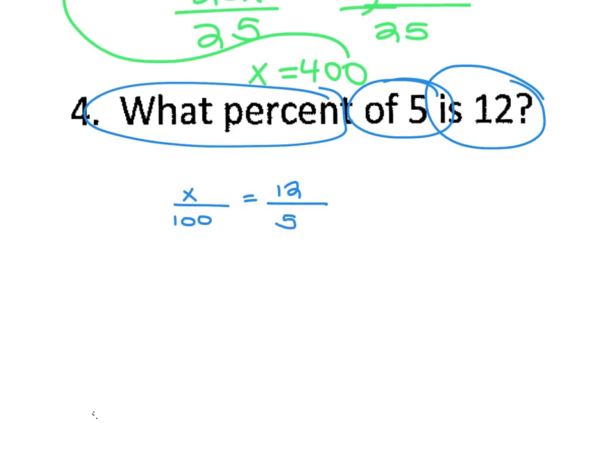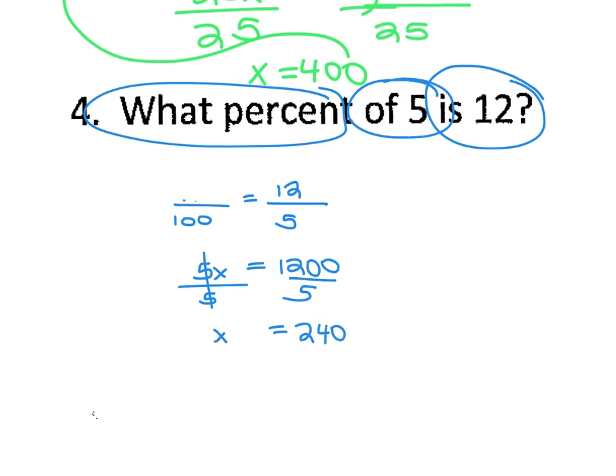So what it's asking for is this. It's saying 12 out of 5 is what as a percent. So 5 times x is 5x, and 100 times 12 is 1,200. Divide by 5. What we're left with is 240.